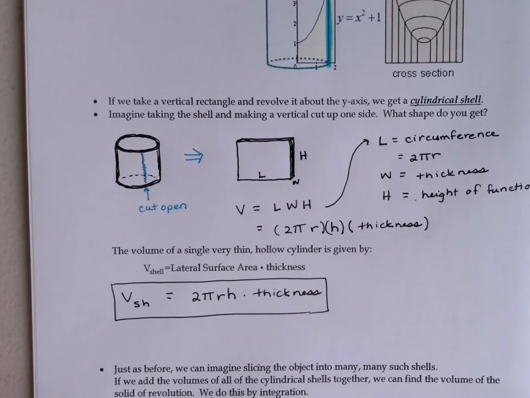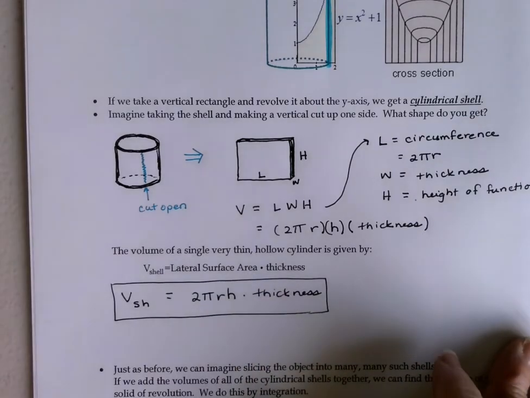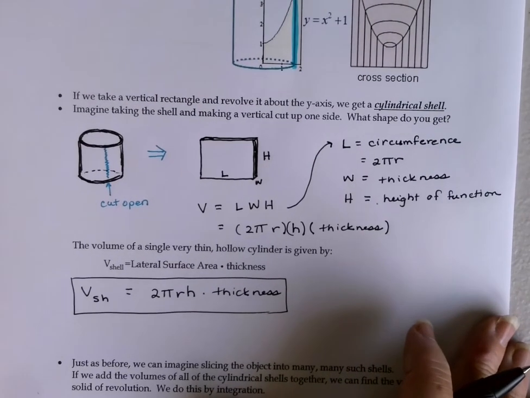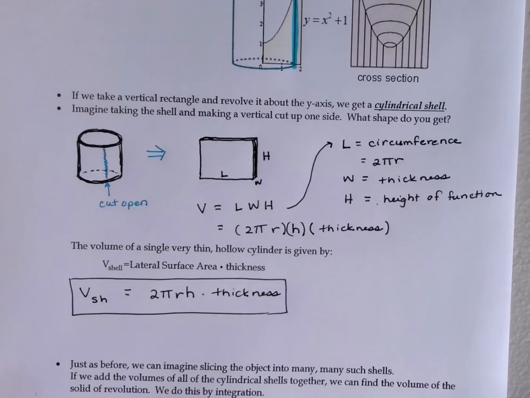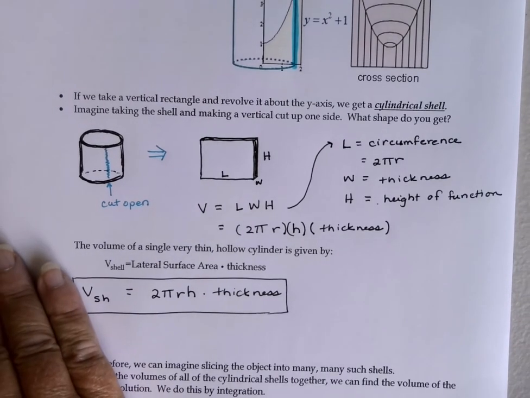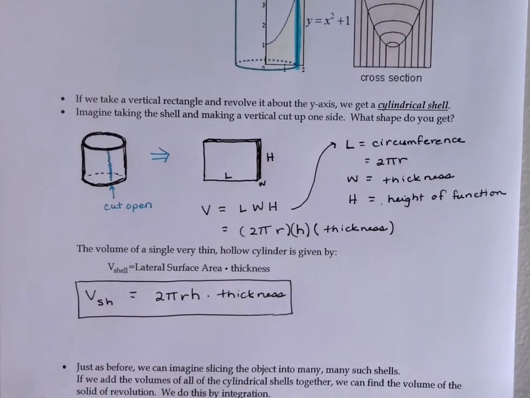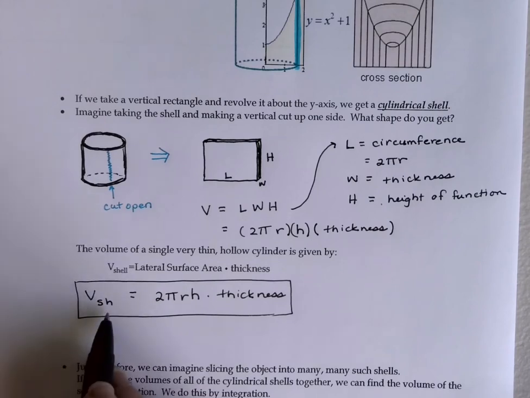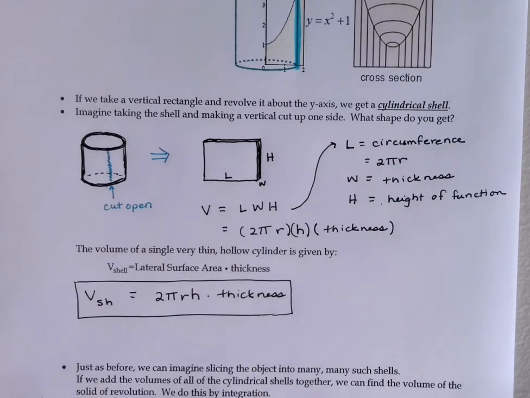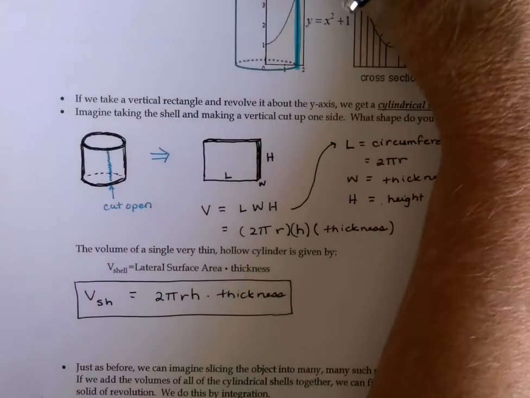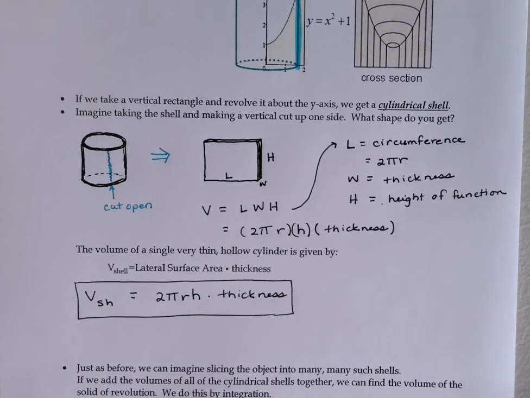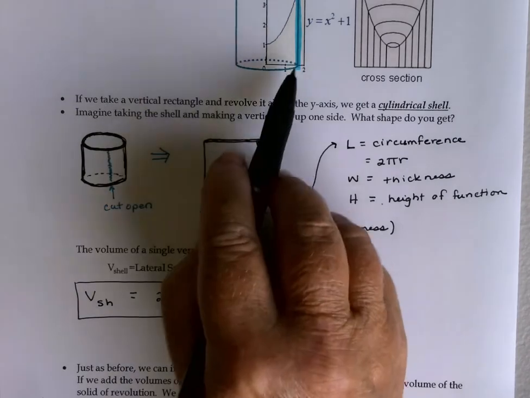Right, we've seen we have a different formula for each of our methods, right? For the disk, it was pi r squared h. For the washer, it was pi times the quantity r squared minus little r squared h. For the shell, it's going to be 2 pi rh times the thickness. All right, just like before, we can imagine then slicing up a whole bunch of little shells.